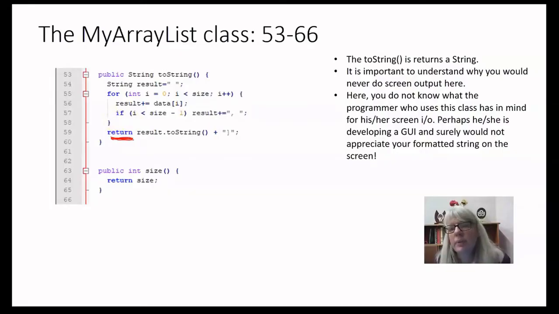Because you don't know what the programmer wants to do with the code. You don't know if the programmer perhaps wants to create a GUI. If the programmer wanted a GUI and you put a System.out.println here, then the programmer won't appreciate you, because he wants to write a nice program, and every time he calls toString, there's a line of output at a random place on the screen. So toString typically returns a string. Okay, and a mutator on size.